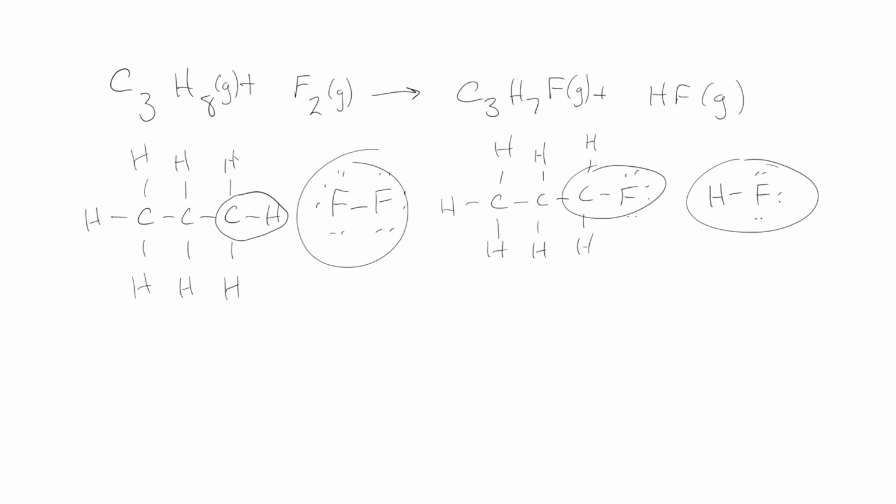In order to get this reaction to happen, we have to break these bonds and then form those bonds. We won't consider how this actually happens, but we can calculate what kinds of energies are involved.